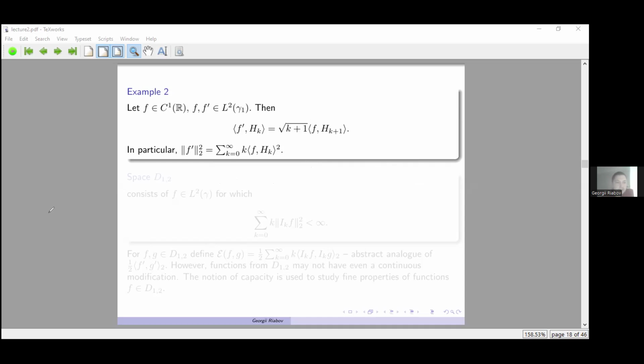From this, it follows that the norm of the derivative of f squared, which is equal to the sum of squares of inner products with Hermite polynomials, is actually equal to the following sum. This is the sum over k of inner products of f and h_k squared times k.